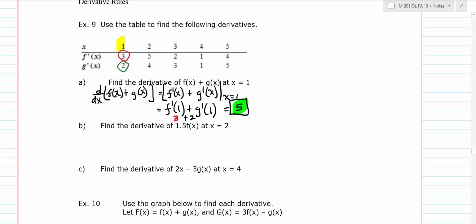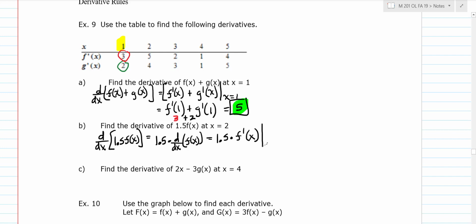The next one is the derivative of 1.5 f of x. You have to know the constant multiple rule that we learned: you can take the constant and just multiply by the derivative of the function. So you get 1.5 times f prime of x.